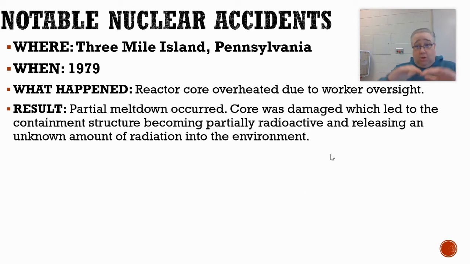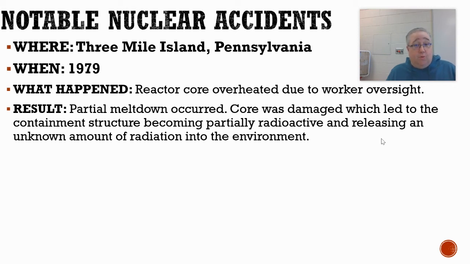Now, the actual containment structure never broke. It didn't leak any radiation, at least supposedly, out into the town of 3 Mile Island. But there was a real fear that that might have happened.